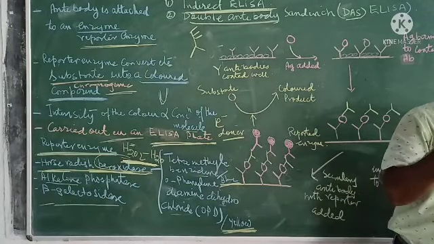By detecting the antibodies of these two, either HIV or hepatitis B virus, by detecting the presence of their antibodies in the human body, we can diagnose indirectly the presence or absence of that virus.